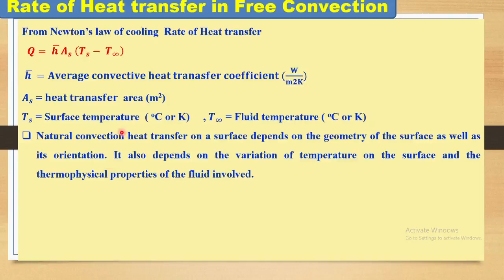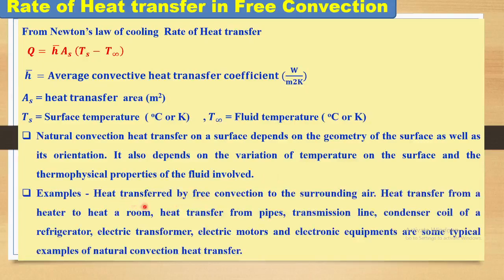So that is the consequence of orientation in case of free convection heat transfer. The rate of heat transfer in free convection also depends on the variation of the temperature on the surface and the thermophysical properties of the fluid involved, like density, dynamic or kinematic viscosity, thermal diffusivity, thermal conductivity, etc.